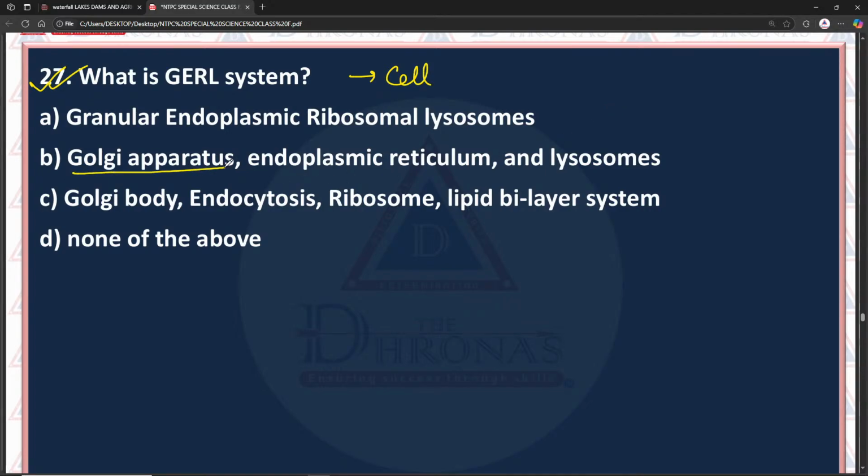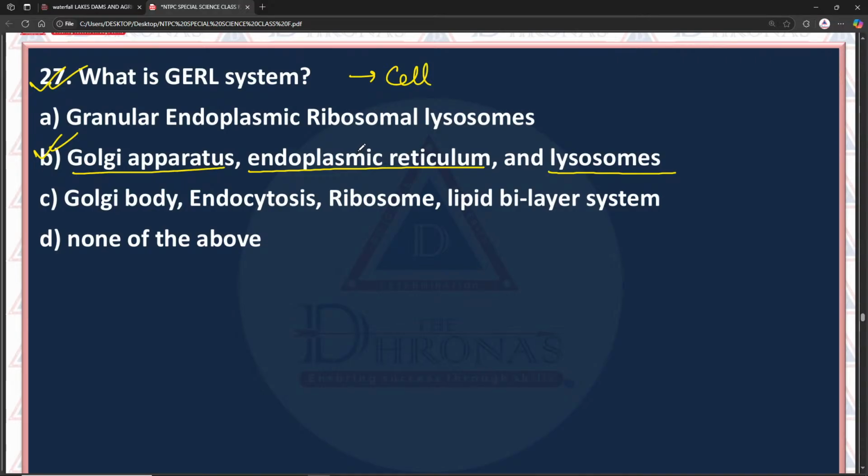G for Golgi apparatus, ER for endoplasmic reticulum and L for lysosomes. The Golgi apparatus is responsible for transportation of protein and lipid.